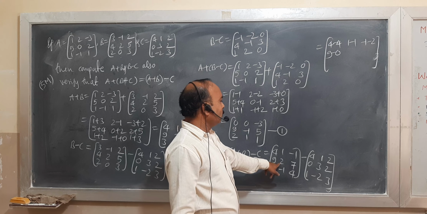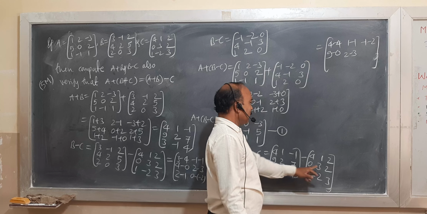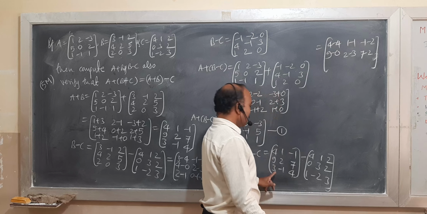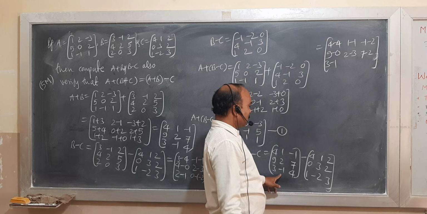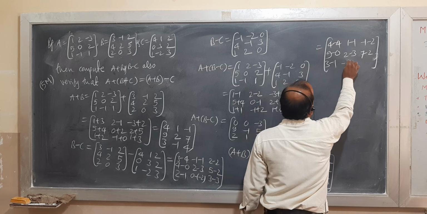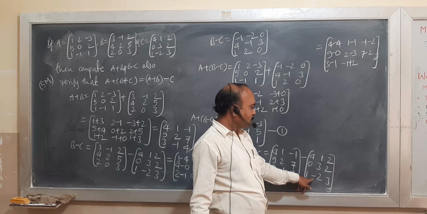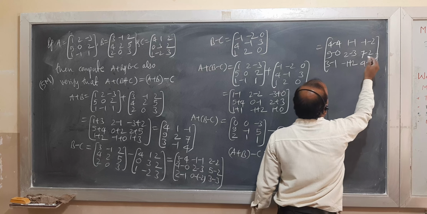Next 2 with 3, that is 2 minus 3. 7 with 2, 7 minus 2. 3 with 1, 3 minus 1. Minus 1 minus of minus 2, it is minus 1 plus 2, because minus of minus 2 is plus 2. Next 4 minus 3.